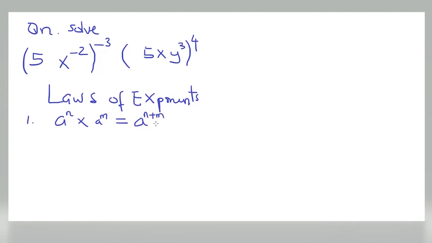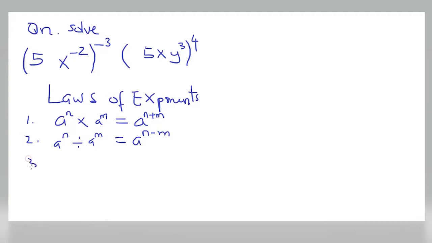You should always remember that the numbers whose exponents you are going to add should have a common base. Then rule number 2: a^n divided by a^m is always equal to a^(n-m).